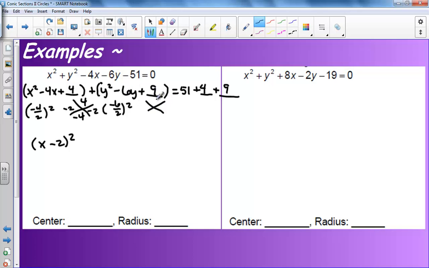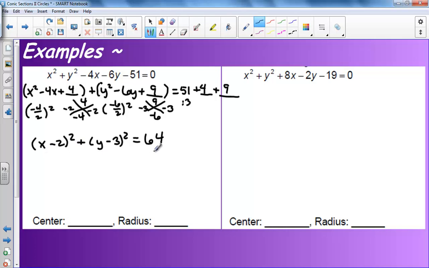And so a times c is 9, b is negative 6. So my numbers here are negative 3 and negative 3. So I've got y minus 3 twice. Equals, and then let's combine terms here, so that's 13 plus 51. It's going to give me 64 right here.